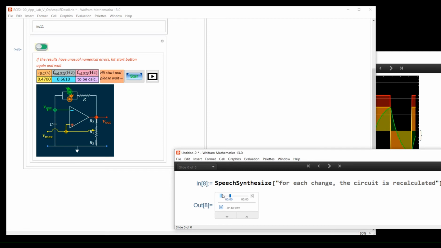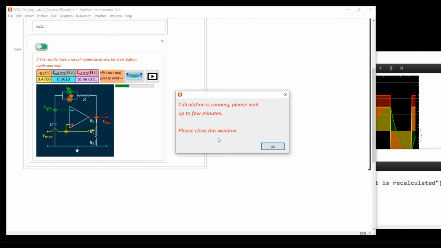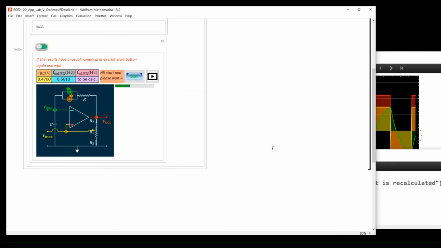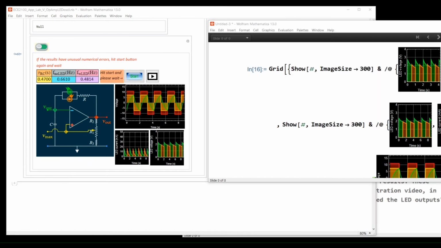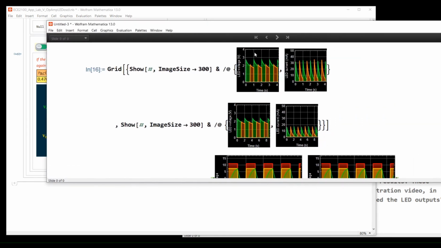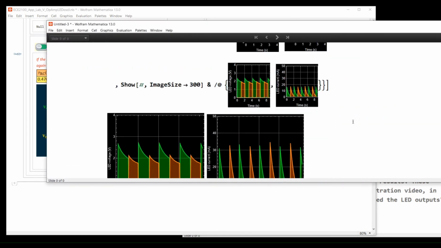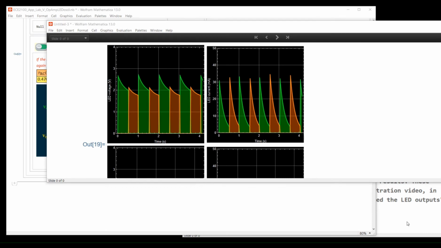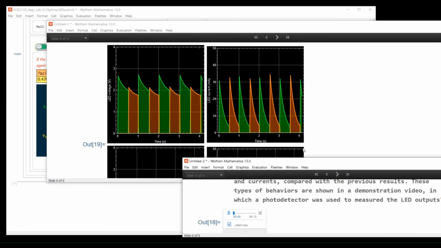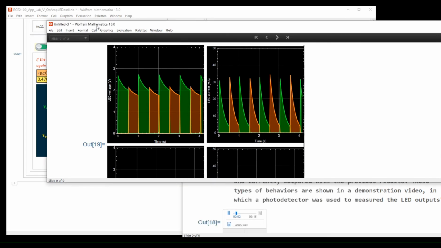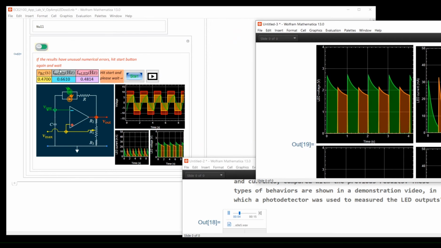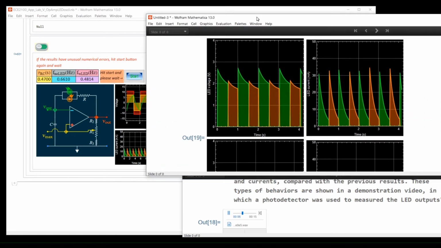For each change, the circuit is recalculated. Note the different frequency, different LED voltages and currents, compared with the previous results.